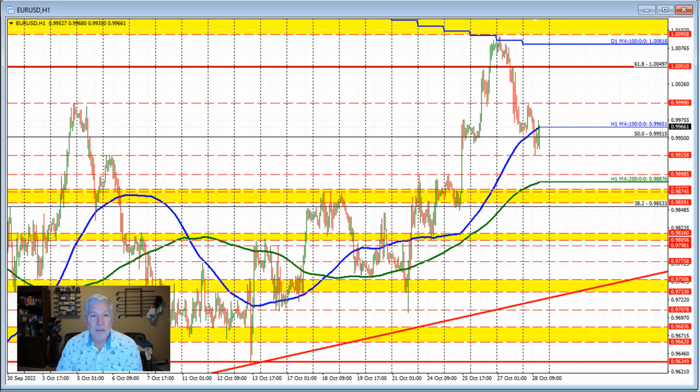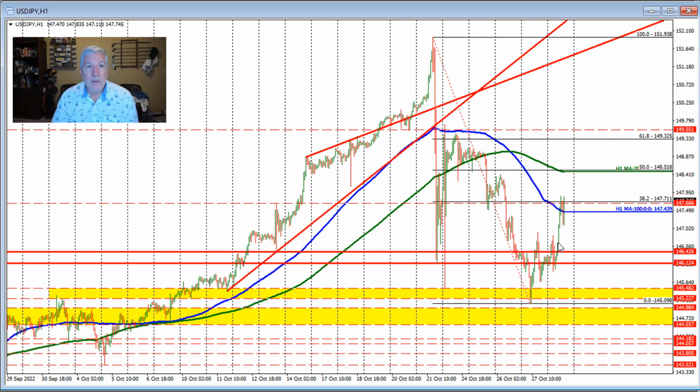Let's take a look at the dollar versus yen. We'll go to the hourly chart here, and what we're seeing is that the price is trying to get above its 100-hour moving average, trading above and below it in trading here today. We had the Bank of Japan overnight, which came in and kept their rates unchanged. They had a few little nuances in their statements.